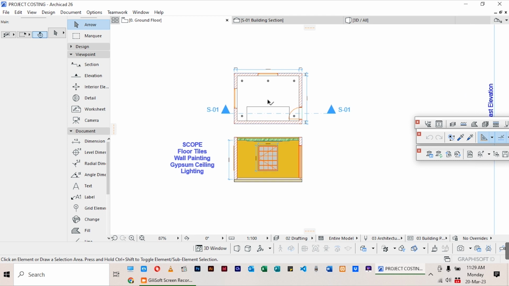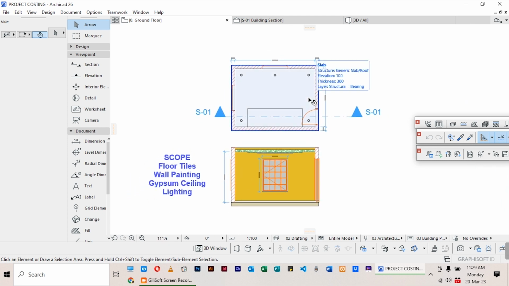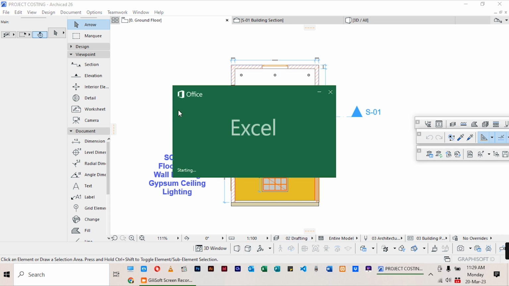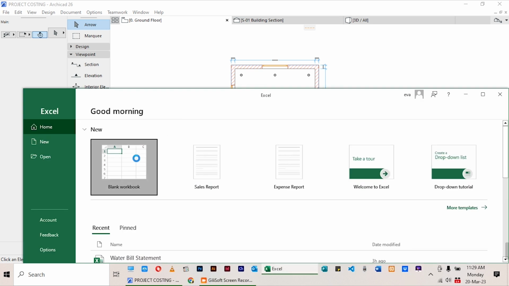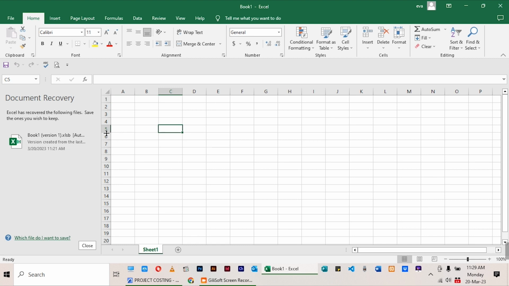Now, whenever you're doing any project costing, you need to have another very important program running, and that is Excel. Excel is very important because it does mathematics for you, and this is where I've opened this. We'll need a few things here.